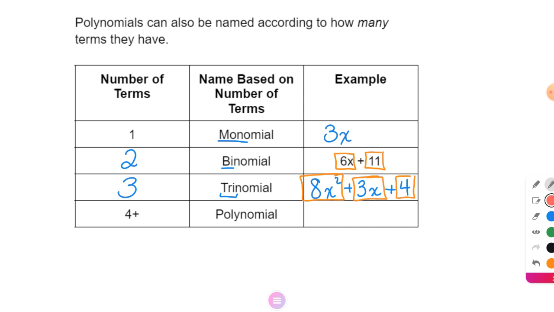Anything beyond 3 terms is simply called a polynomial, so 4 or more terms. So 18x to the 4th plus 3x squared minus 9x plus 2. We've got 1, 2, 3, 4 terms, polynomial.